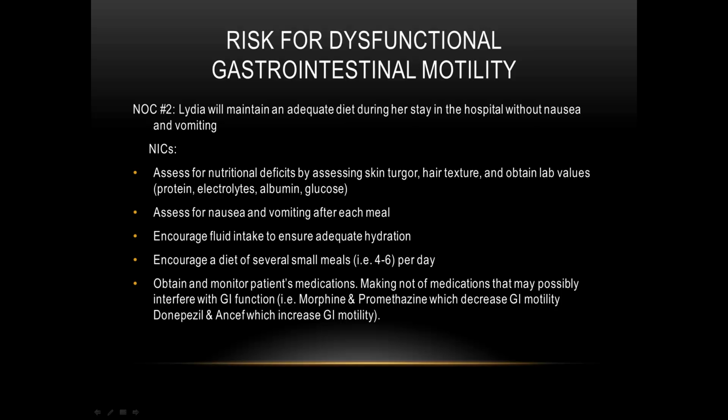We'd also review her medications, making note of any medications that may possibly interfere with GI function. For example, she's on morphine, an opioid, and promethazine, an antiemetic. Both decrease GI motility, putting her at risk for constipation.